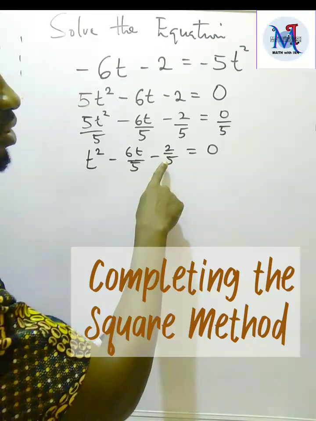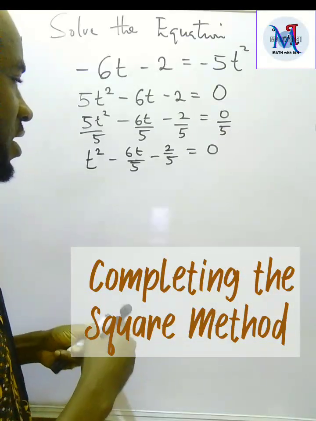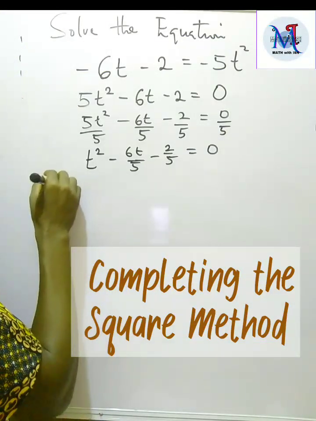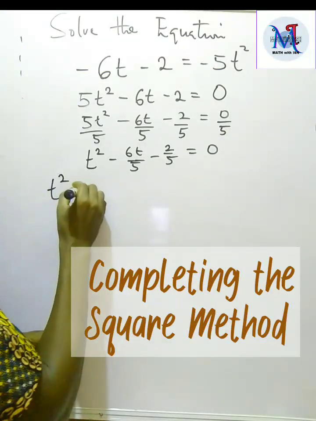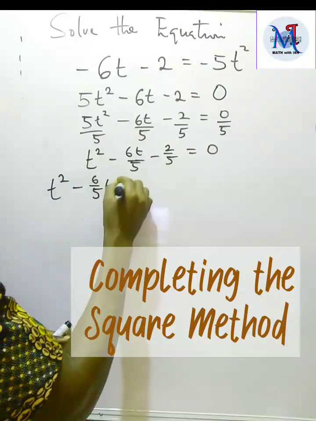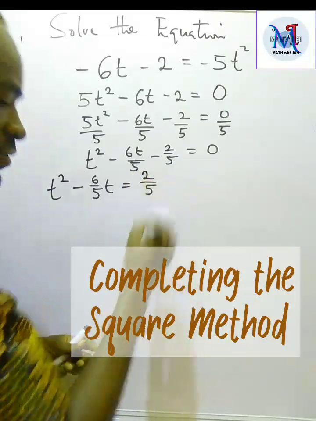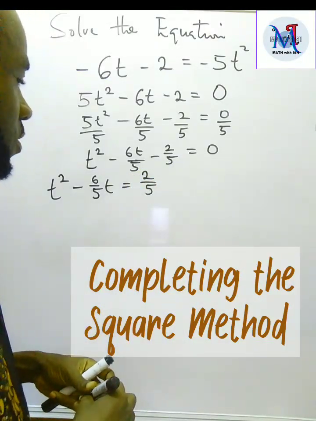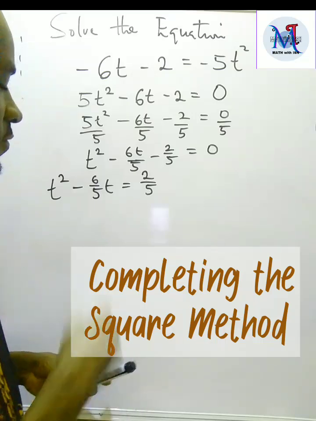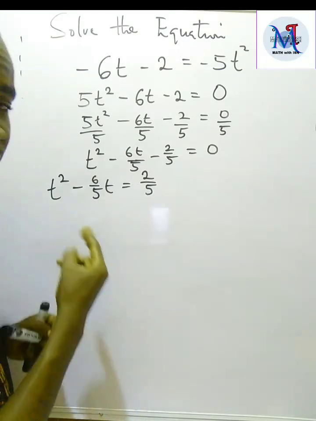Our step 2 is that we're going to move this third term down to the right hand side. So if I take it down to the right hand side, I'll be having t squared minus 6 over 5t equal to, as it moves over here, it becomes plus 2 over 5. Can you see that? Now next thing is, this left hand side is having 2 terms now.